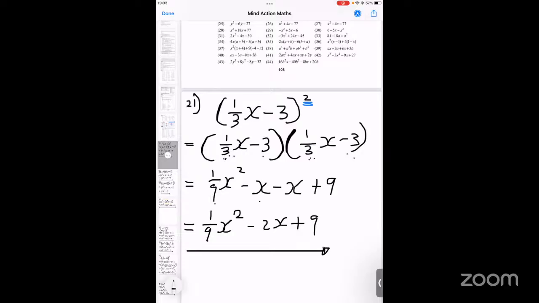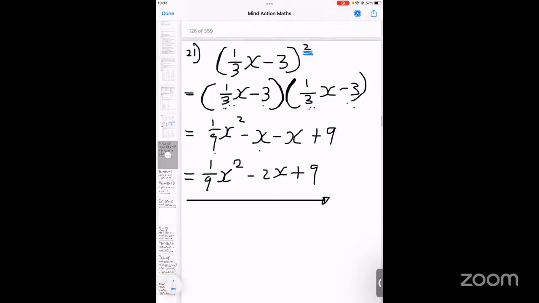So the first one is 1 over 3 times 1 over 3. What will 1 over 3 times 1 over 3 be? 1 over 9. Yes, 1 over 9, which is that one.